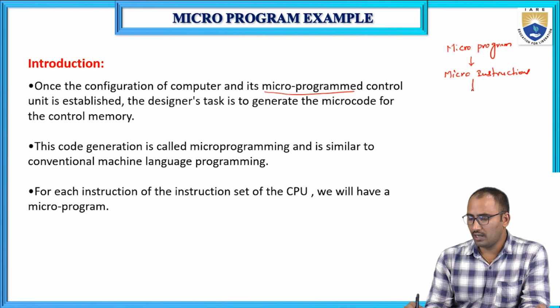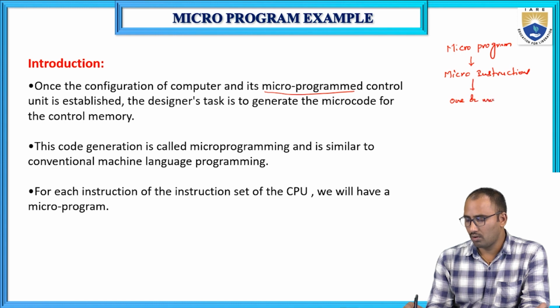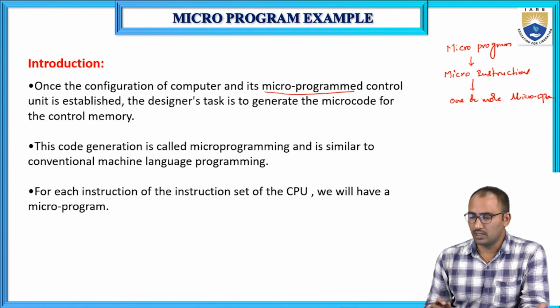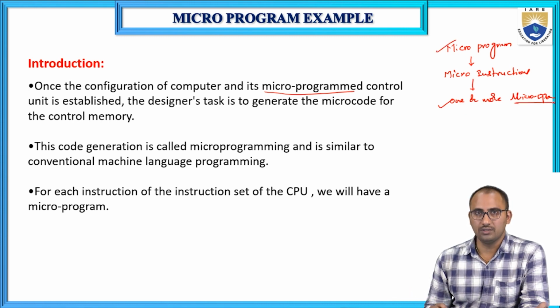Every micro instruction contains one or more micro operations, so that is a sequence. This is the relation between the micro program and the micro operations: how the micro program generates micro operations.